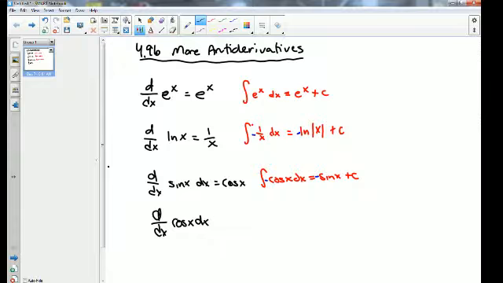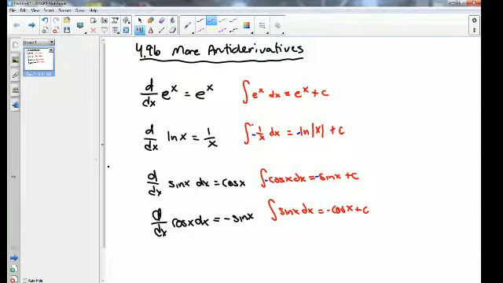What's the derivative of cosine? Negative sine. What is the antiderivative of sine x? Negative cosine. Yeah, so just know that this relationship imparts a negative in either direction.